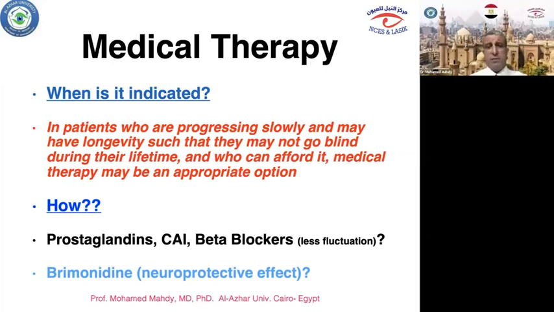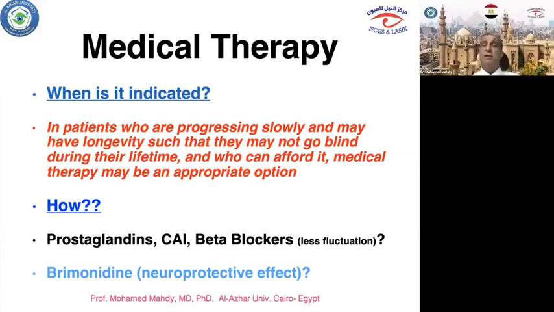Medical therapy may be an appropriate option for such patients. But patients who cannot afford the medication, if the medication is not available regularly, patients with long life expectancy, and where the progression of the disease is rapid, these patients are not candidates for medical therapy.